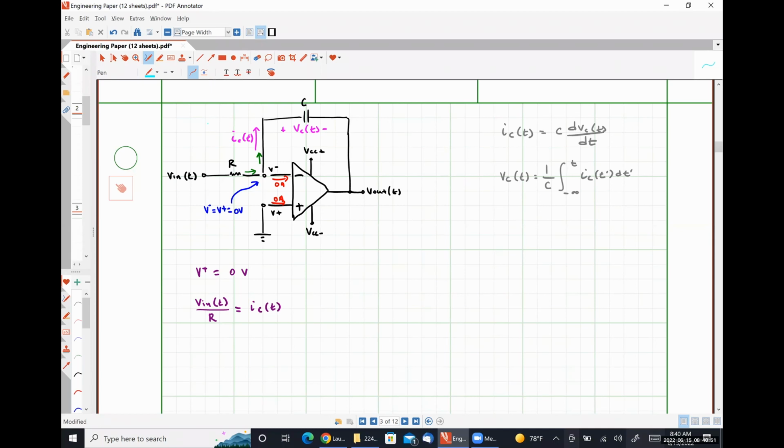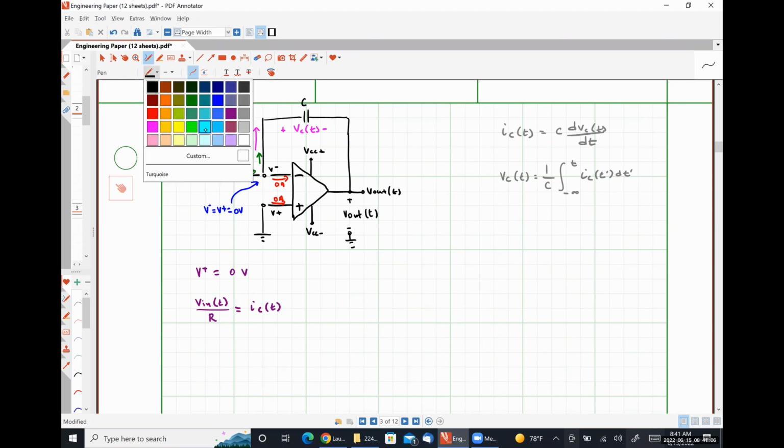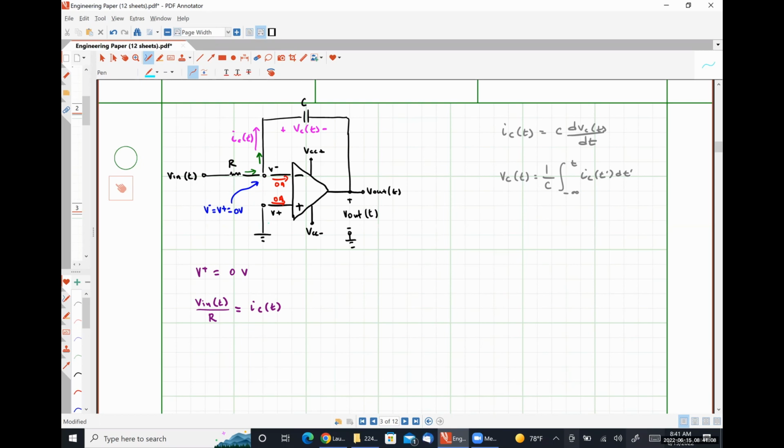So if we do Kirchhoff's voltage law, a KVL loop here, let me make it obvious what I'm doing. We're going to start at ground and write a KVL equation around this path.